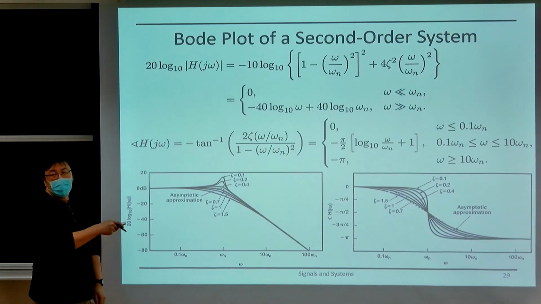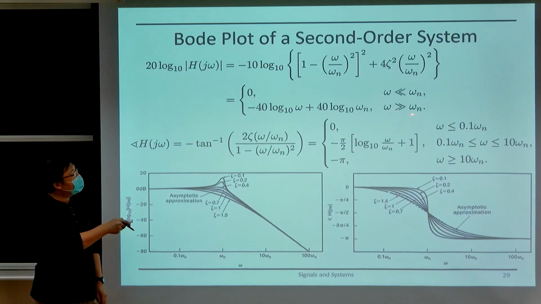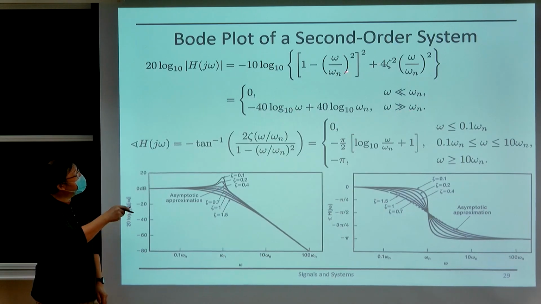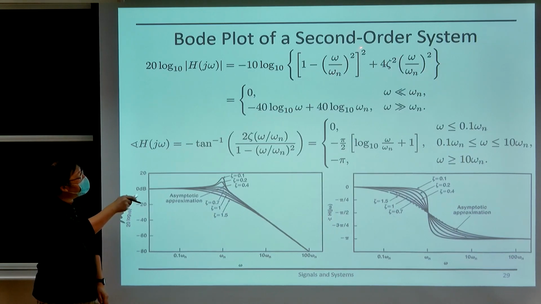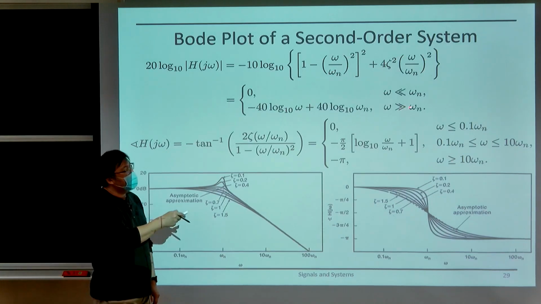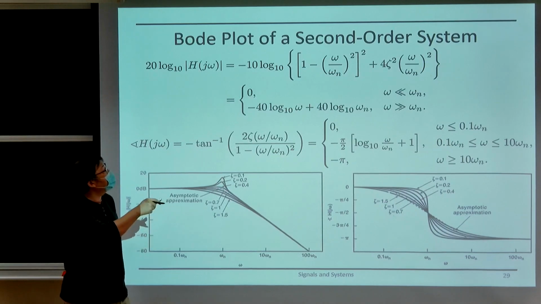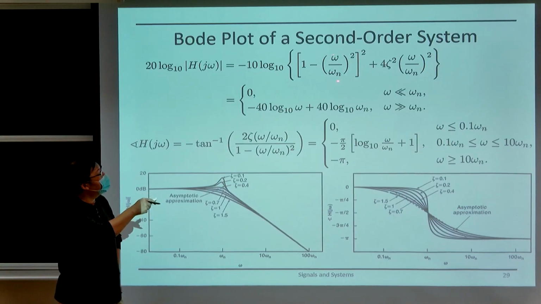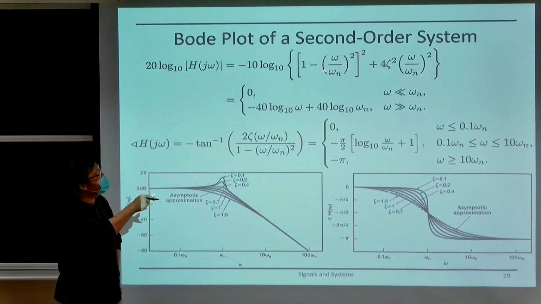Now, at high frequency, when omega is much greater than omega n, these values are very large. But since this is to the power 4, whereas this is only squared, this term dominates. So we eventually need only to look at this term, which is omega over omega n to the power 4.